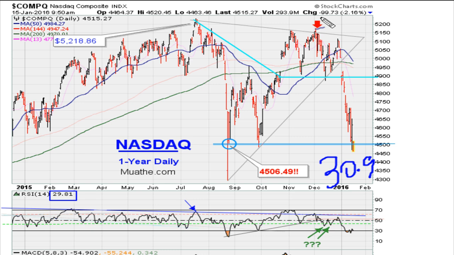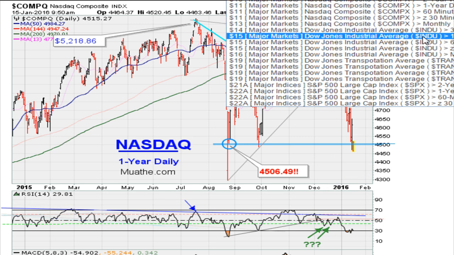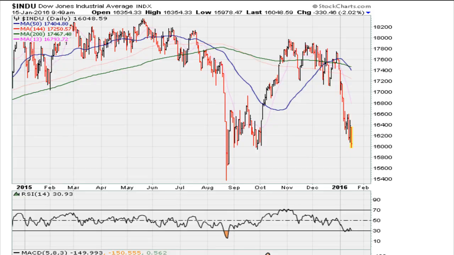Right now the Nasdaq is down about 100 points. If it stays below 30.9, expect the Dow, which is currently down about 333, which strangely enough is what it was up at the highs of yesterday.